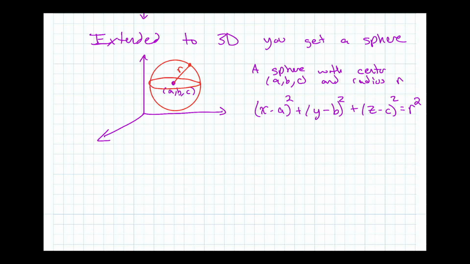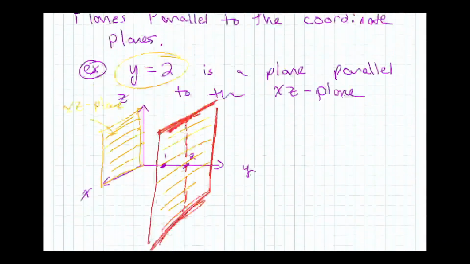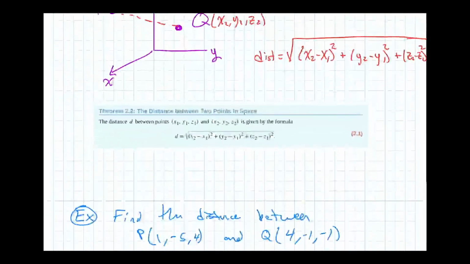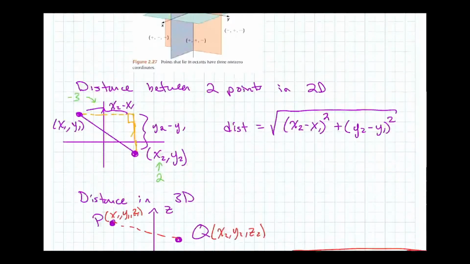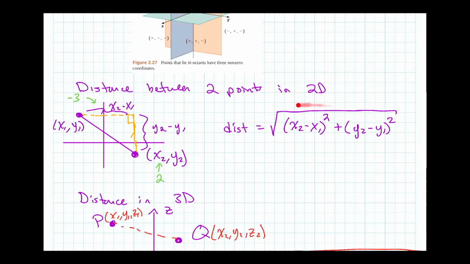Okay? And actually, this idea comes from the distance formula, which, where's distance formula in 2D? Here it is. So you can actually define a sphere to be all of the points with a certain distance from a center, right? So if you put like 9 here for the distance, doesn't actually have to be a perfect square, you would be saying the distance between these 2 points is always 9.